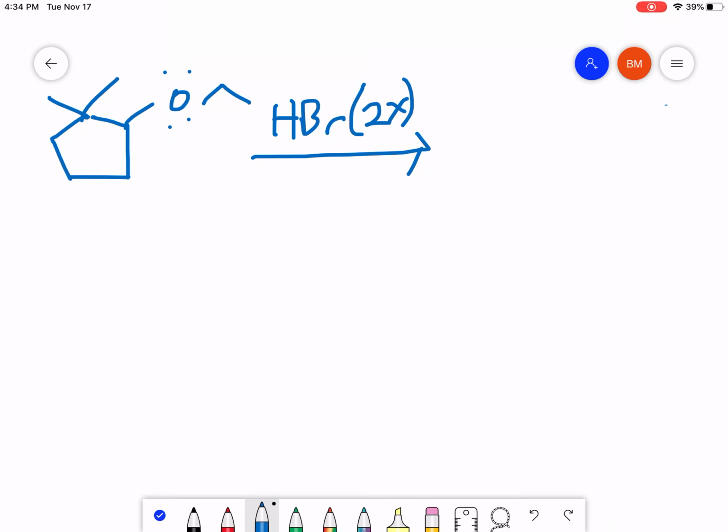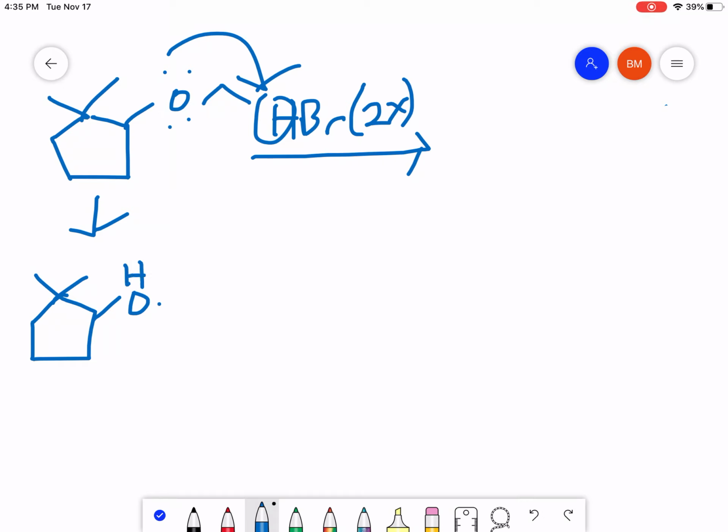We have an ether with a secondary R group on it. We're going to protonate it, blah, blah, blah. Okay. All right, so we said if we have a secondary or tertiary, it's going to go SN1, so following that logic, that means we're going to lose that alcohol.